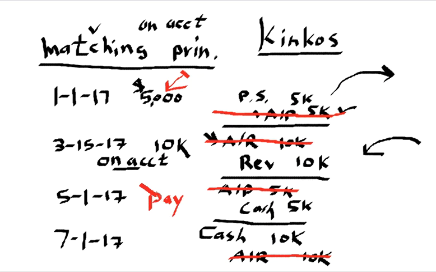That has no bearing on when you recognize this expense. And when you collect for this job, so when you pay cash and when you collect cash, has no bearing on when you recognize this expense.